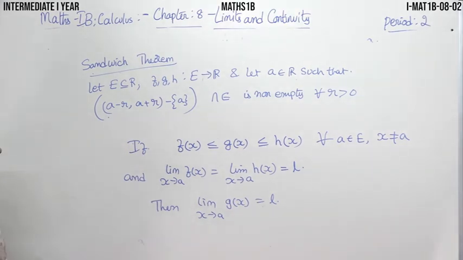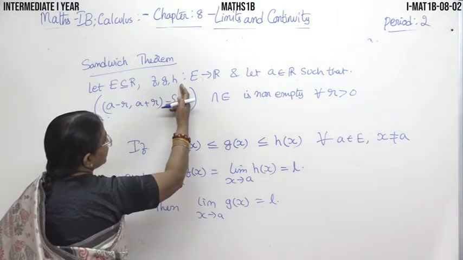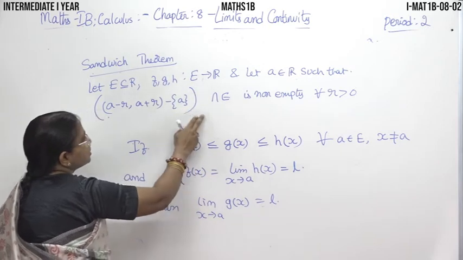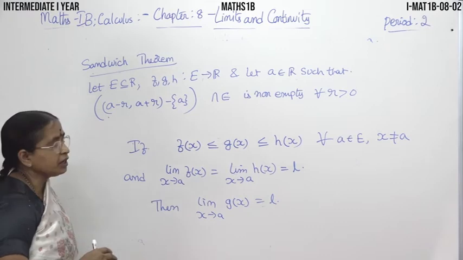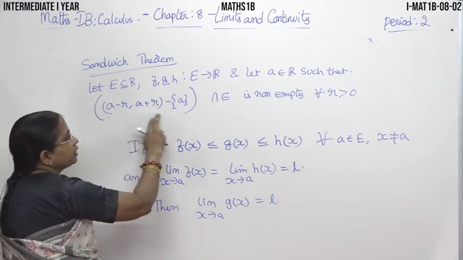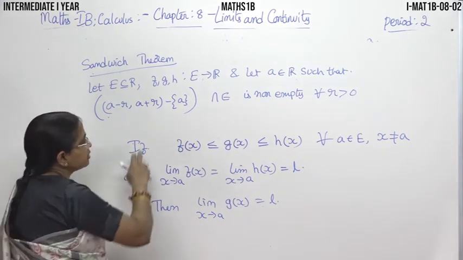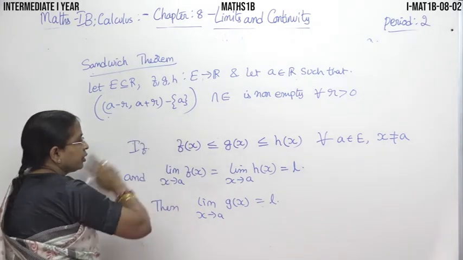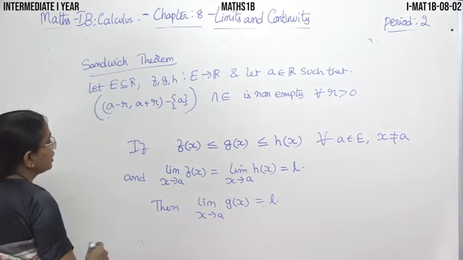So you can just learn at least this part. You can write in words: F, G, H are 3 real functions defined in the deleted neighborhood of A, and then you can just write this. This is the sandwich theorem.